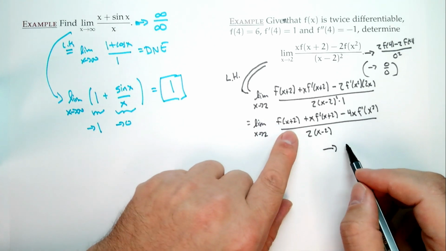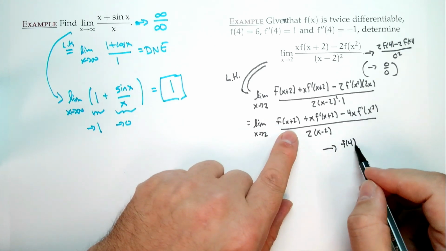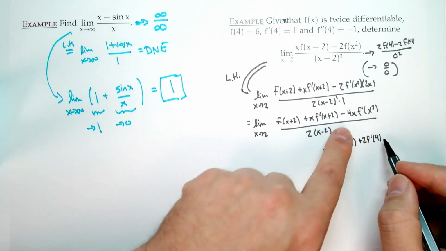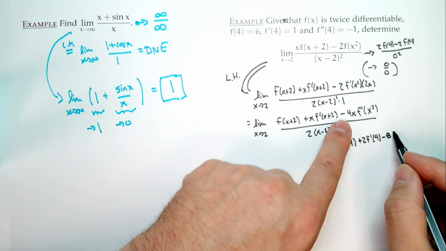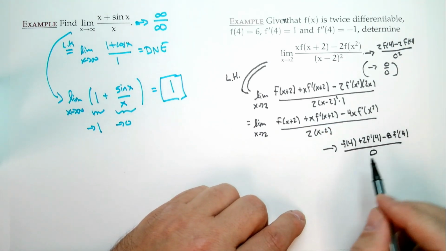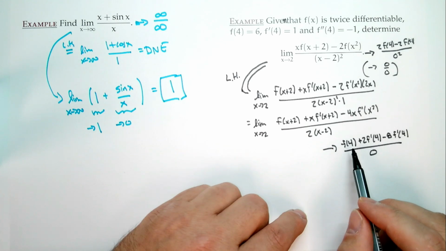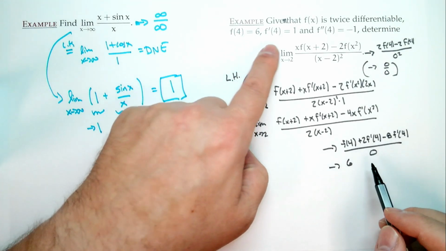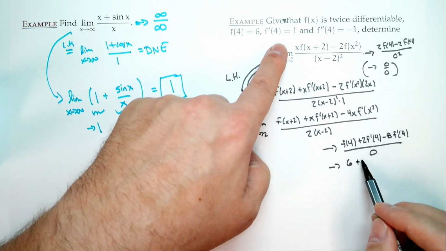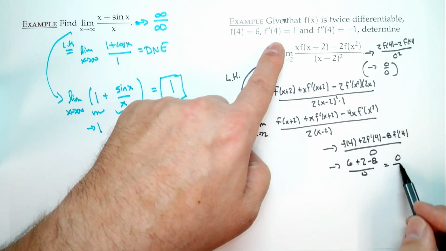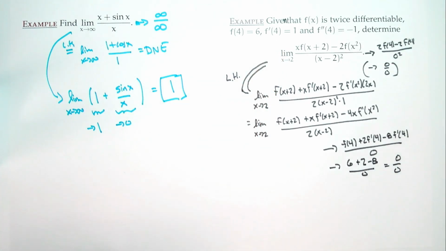We're going to get f of 4, then plus 2 f prime of 4, and then here it's minus 8 f prime of 4, all over 0. Well, let's check to see if we get 0 upstairs. F of 4 is 6. F prime of 4 is 1, so there'll be plus 2 minus 8. And that is a 0 over 0, which means more work.